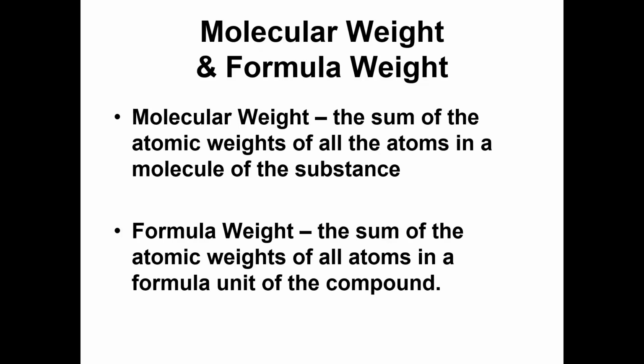All right, so then we call something a molecular weight or a formula weight. That is simply differentiating the different kinds of compounds. We have ionic and covalent compounds, and the ionic compounds have a formula weight, and the covalent compounds have a molecular weight.